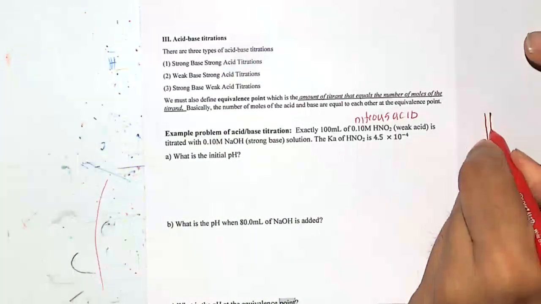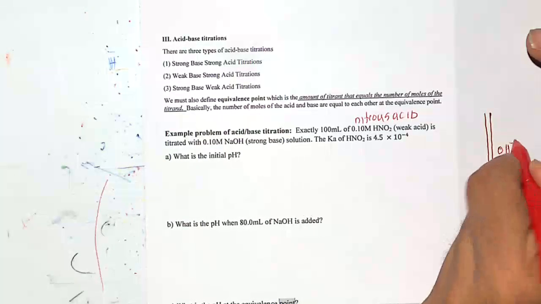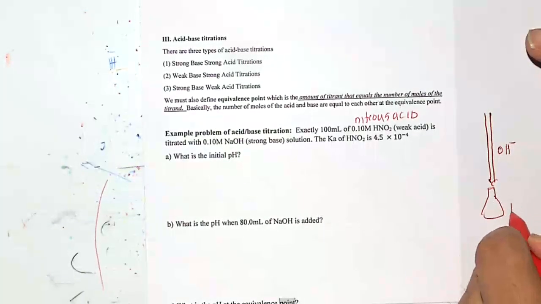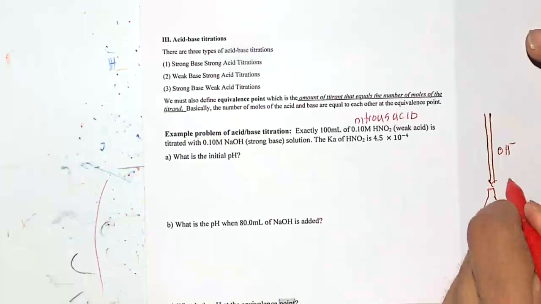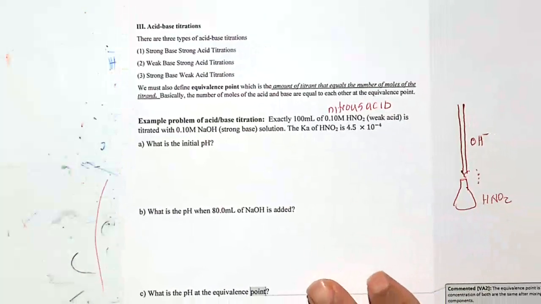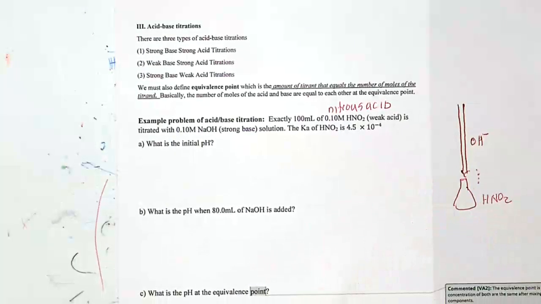If I were to draw this out, you have your burette with NaOH, that's your strong base, and here you have your HNO2. So we are dropping NaOH, which is OH minus strong base, into the weak acid.